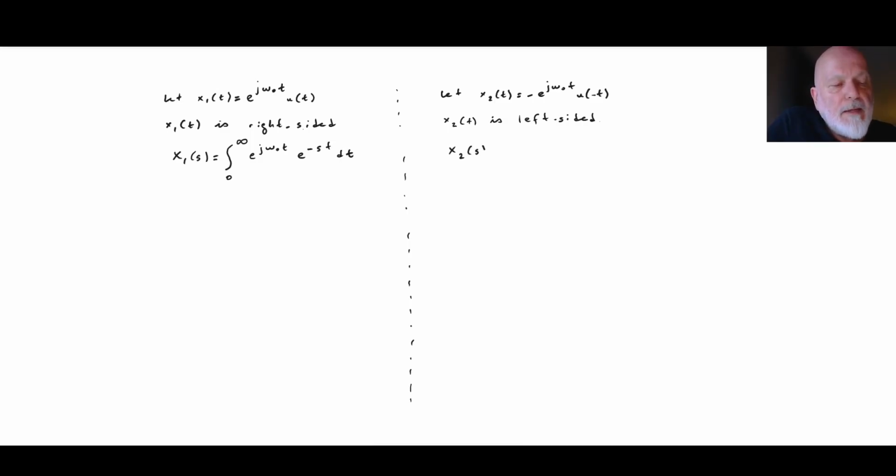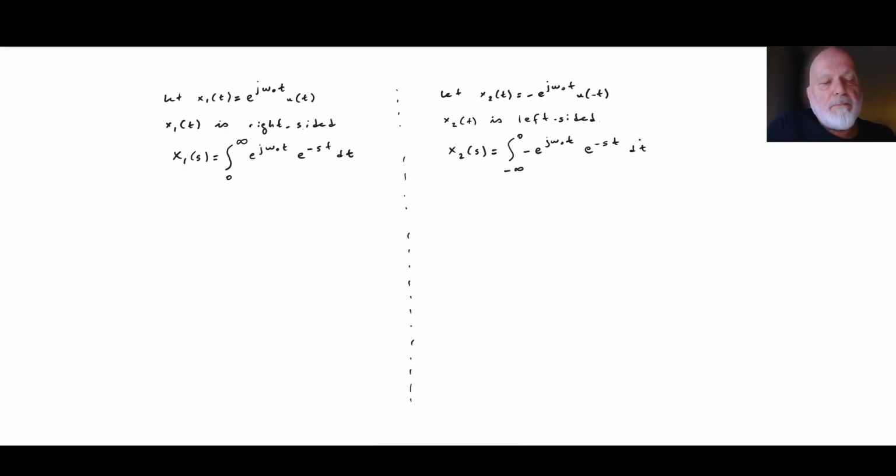Similarly, x2 of s will be the integral from minus infinity to 0. Now we have u of minus t, therefore for positive values of t we will have 0, of minus e to j omega 0 t e to minus st integrated with respect to t.